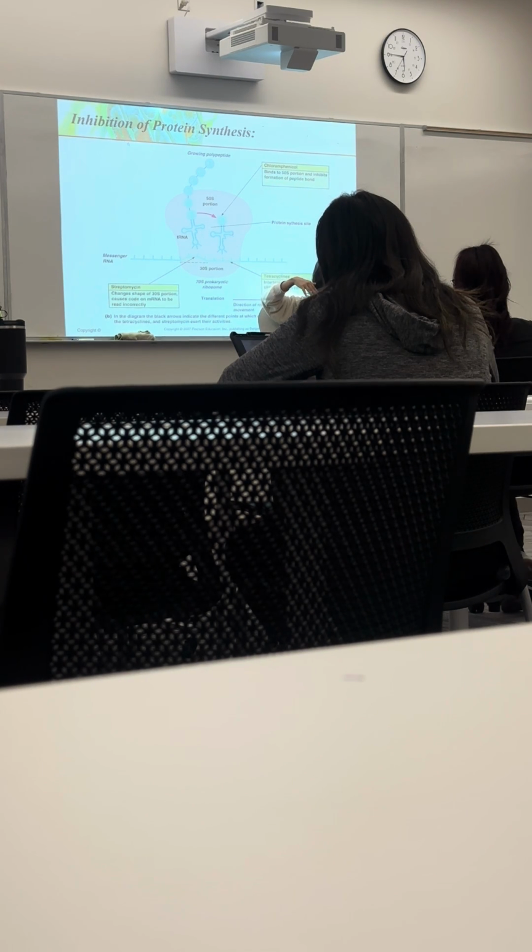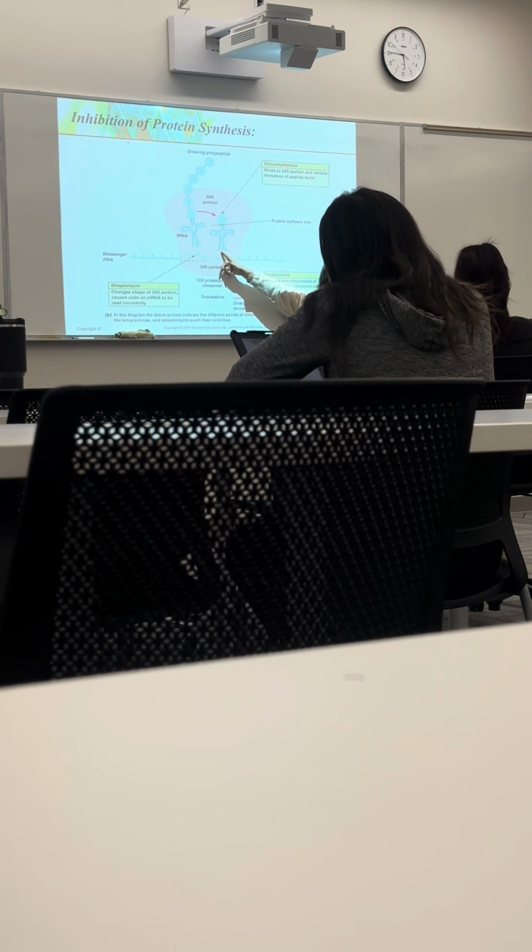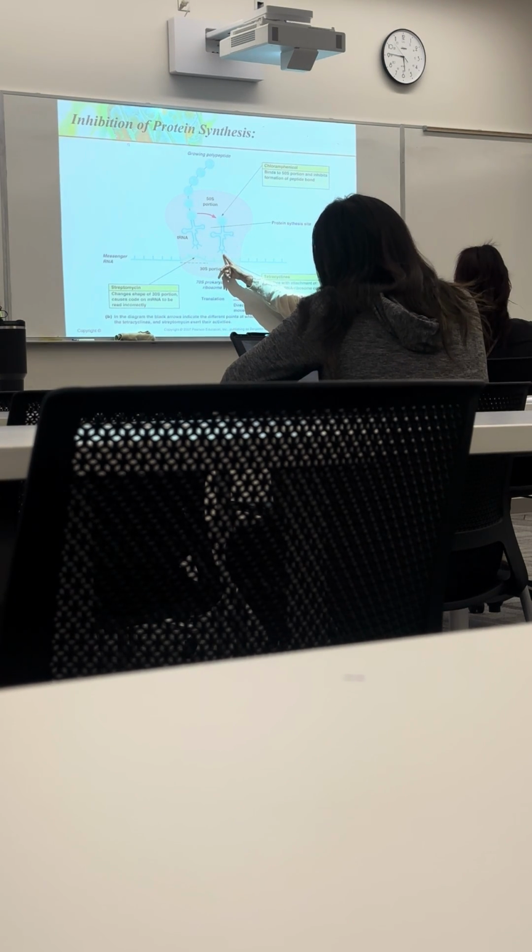So tetracycline attacks tRNA. If your tRNA can't link up with your messenger RNA, can you put in the correct amino acid? No. If you can't bring in the amino acid, can you make a protein? No. So protein synthesis overall, but where specifically? The tRNA.